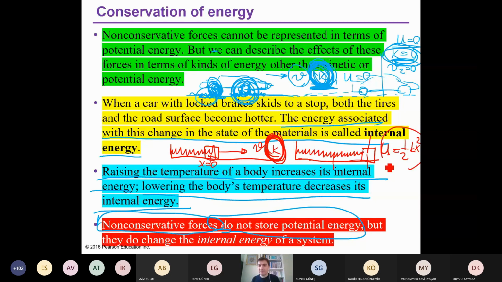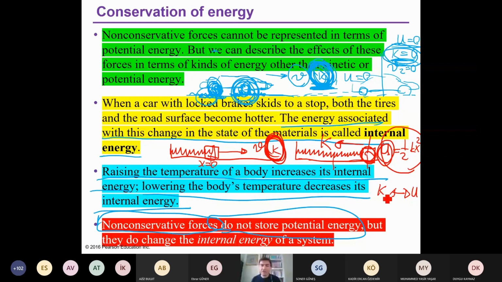Whenever I release this box, it will go back. Then this potential energy will be converted to kinetic energy again. So with the spring force, and also with gravity, you can convert kinetic energy to potential energy, and you can convert potential energy to kinetic energy.